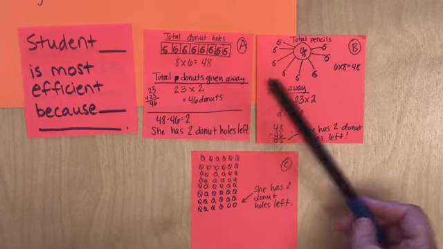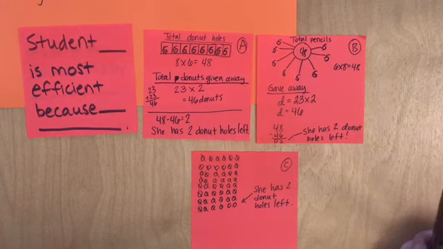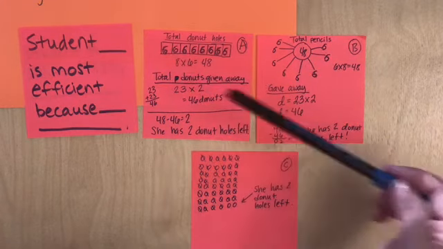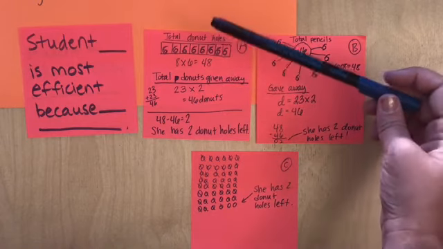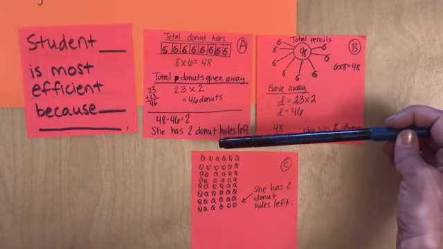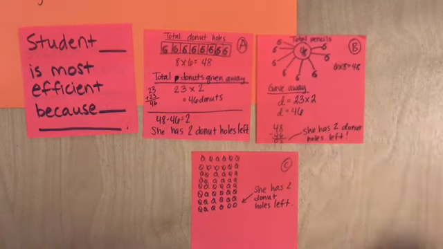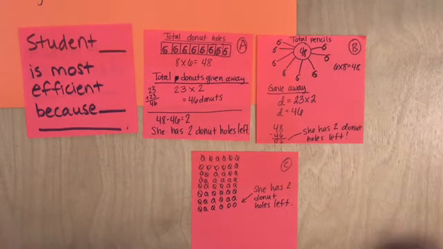So I would say either A or B would be the most efficient, and it's because all the information is organized more neatly, and then they were able to take it step by step and make sure that they didn't make any calculation mistakes. What did you guys think?